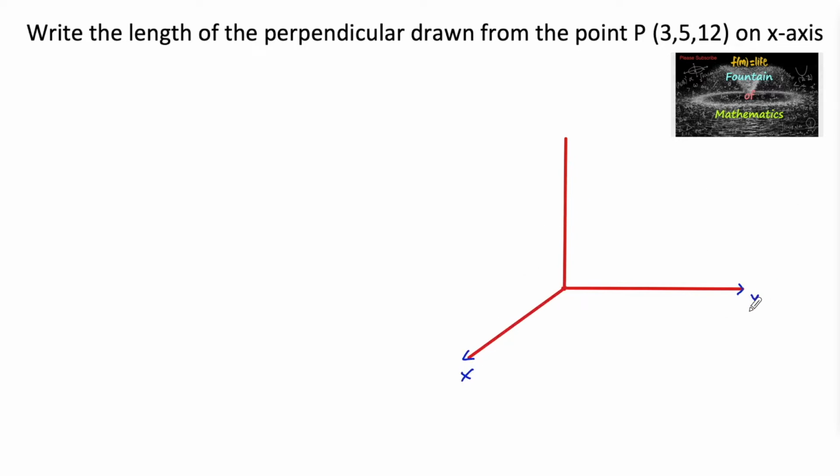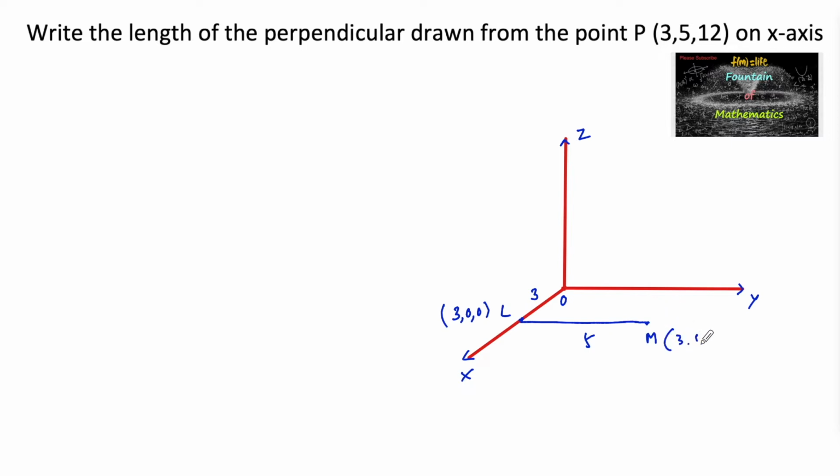X-axis, y-axis and z-axis, and the point is given 3, 5, 12. So 3 units in positive direction of x-axis from origin. Say L is the point 3, 0, 0, and then 5 units parallel to y-axis in the positive direction of y-axis. Say here 5 units. Say the point is M.